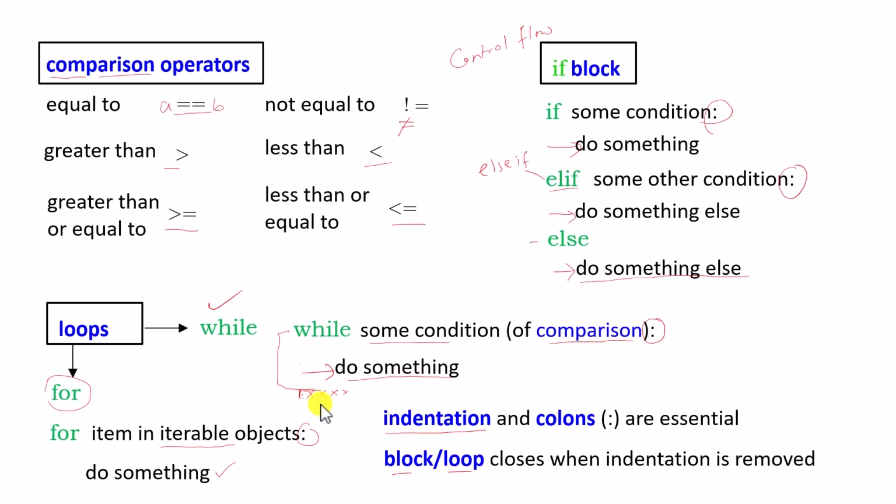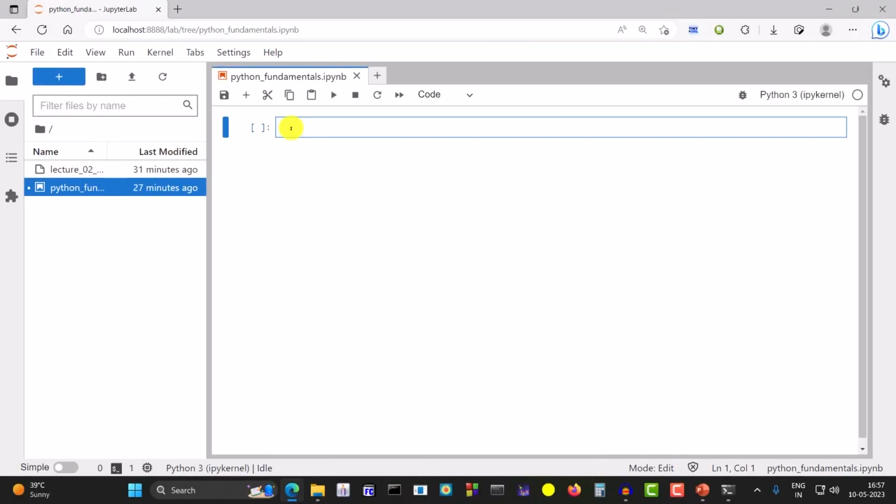We can now go to our Jupyter Lab and try some of these things that we have learned. So here we are in our Jupyter Lab, and let us first check the math function. To invoke the math function, of course, we have to first import it.